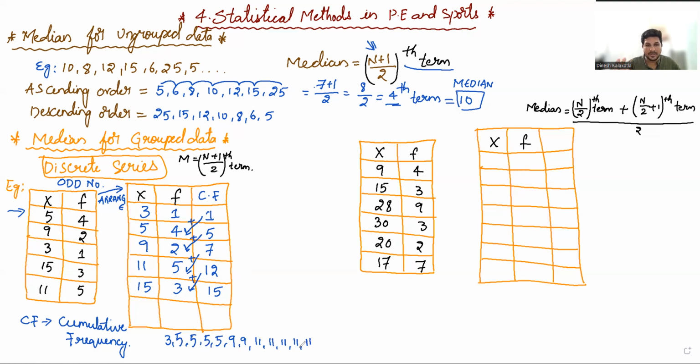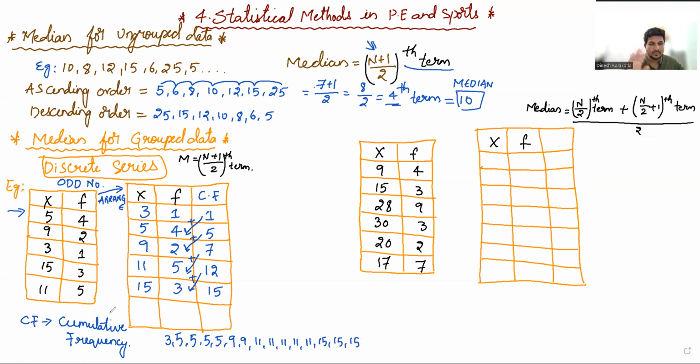So you have to keep in mind very clearly the positions and frequencies. Up to the 12th position, 11 is written, and the 13th to 15th positions are occupied by the last score: 13, 14, and 15th position.